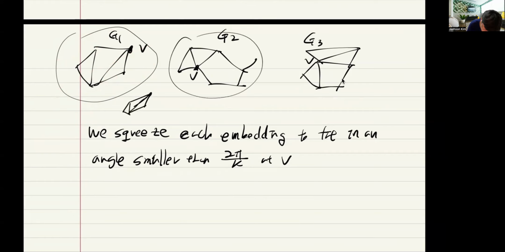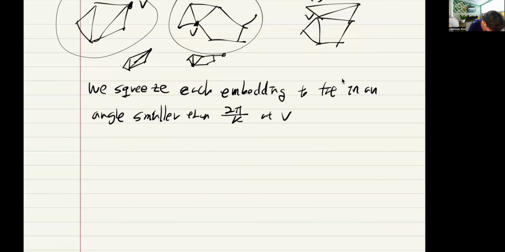And again, you continuously move everything so that everything fits into a small angle here. Again, you move everything to here and here so that everything is fitting. You can do that in a continuous way.